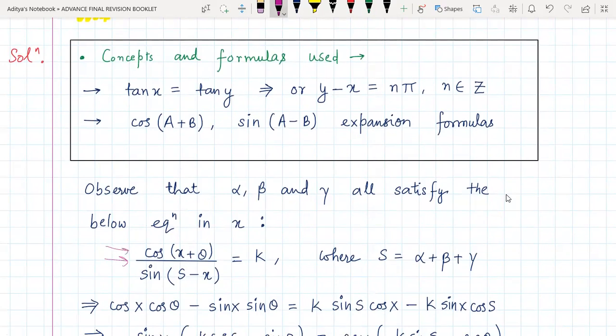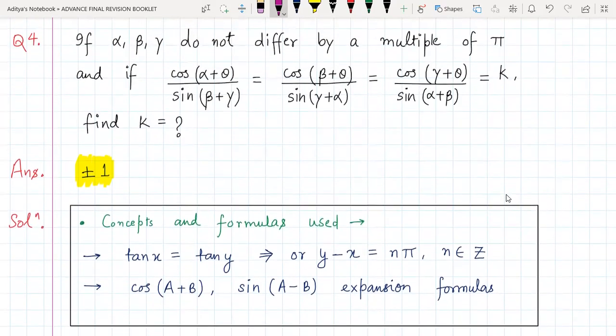You might be wondering why. I'll tell you. Look, S I have defined as alpha plus beta plus gamma. In the given expressions, we have written beta plus gamma as S minus alpha, and gamma plus alpha as S minus beta. So basically we are creating the S and then minus alpha, the S and then minus beta, and continuing in that fashion.